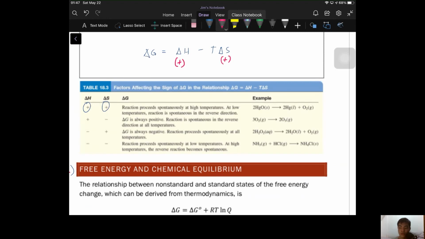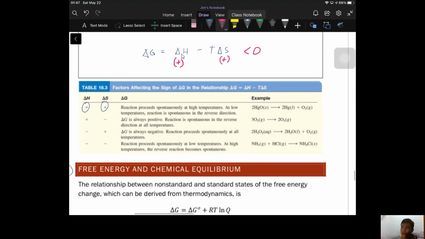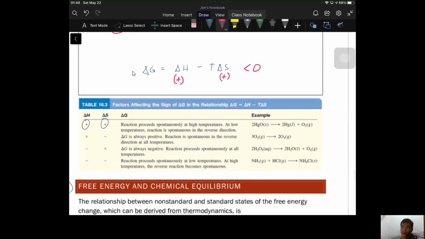Take note that the goal should be, it should be less than 0. Okay, it should be less than 0 for spontaneous reaction to happen. Kung positive ito, at ito positive to, kailan magiging spontaneous yung reaction?